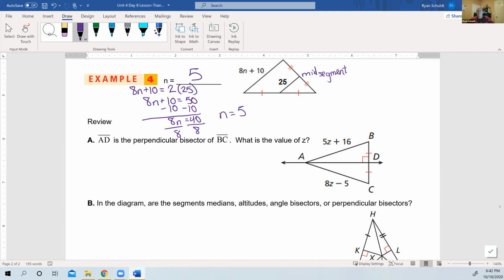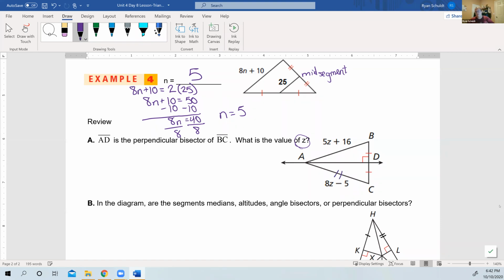Okay, a little review. So A says that AD is the perpendicular bisector of BC. Find the value of z. Well, AD is the perpendicular bisector. What's that mean about AB and AC?